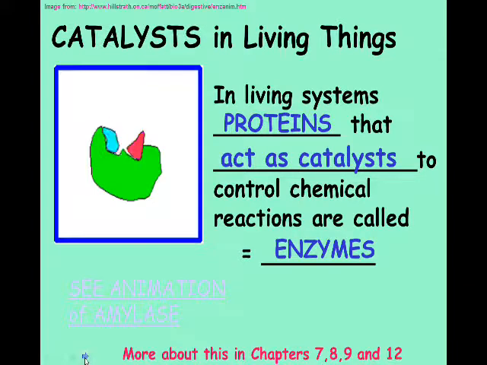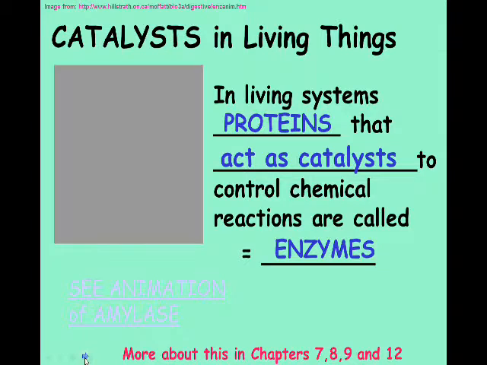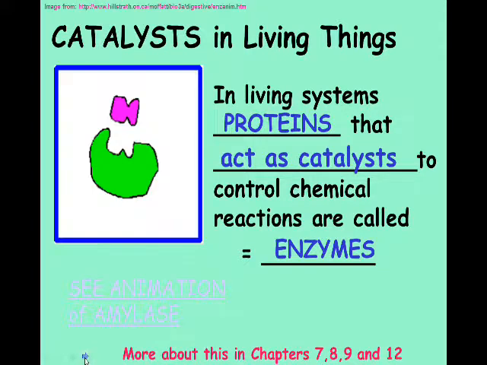If you look at the little animation, you have an example of a reaction that's using a catalyst. In this case, the big green molecule is the enzyme. And the little pink molecule is going to be our reactant. It's going to join the enzyme. Notice it fits perfectly. The reaction happens. Out come my products.